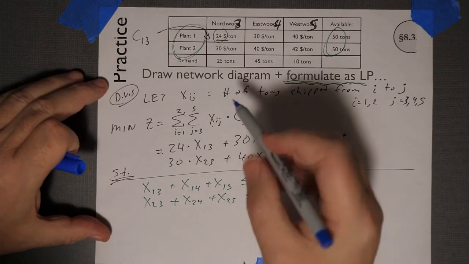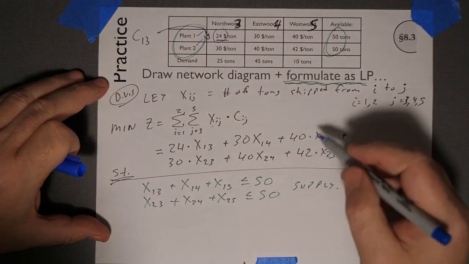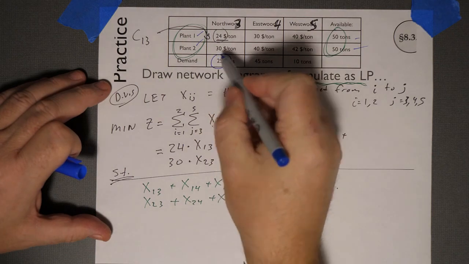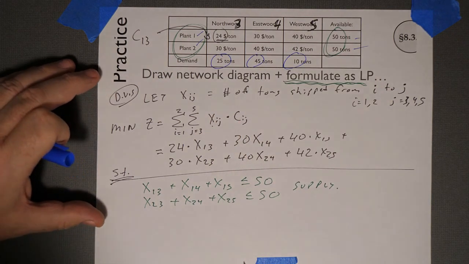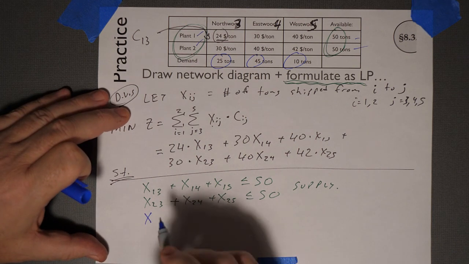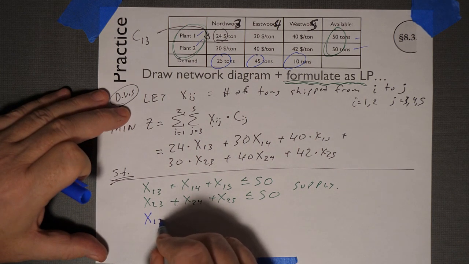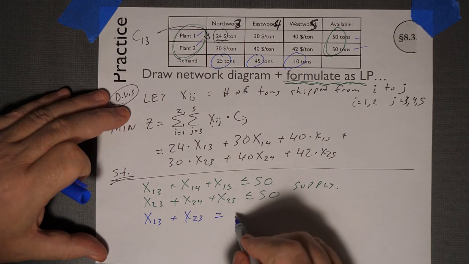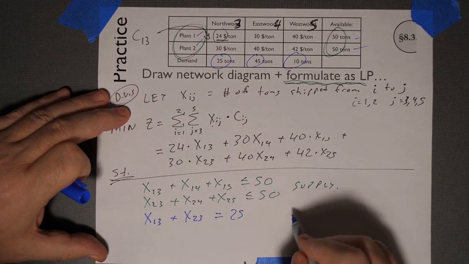We have 2 supply nodes, plant 1 and plant 2, so we have 2 constraints. And on the demand side, we have 3 locations, so we're going to have 3 demand constraints. Everything going into 3, from 1 to 3 and 2 to 3, has to equal the 25 tons.